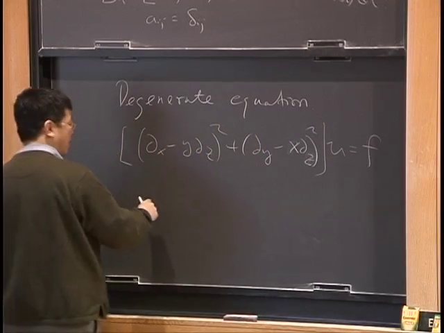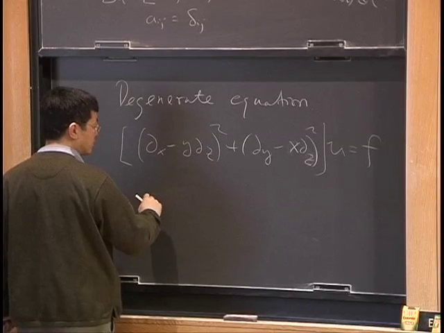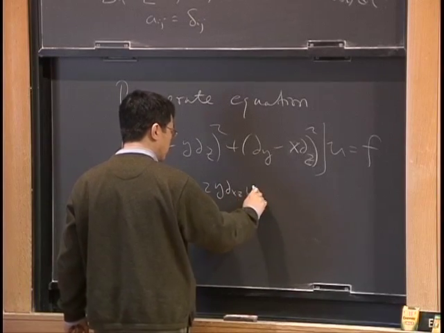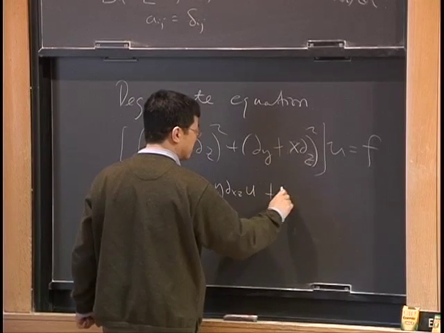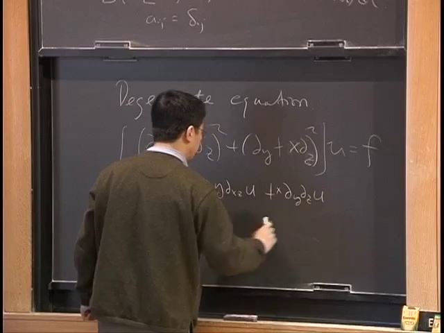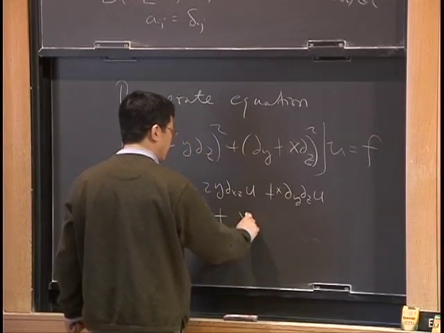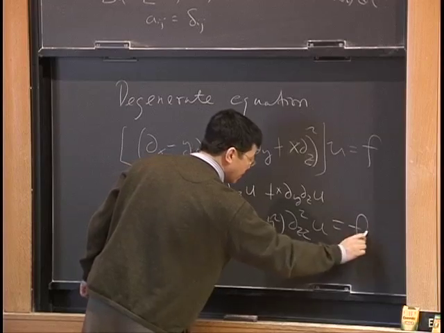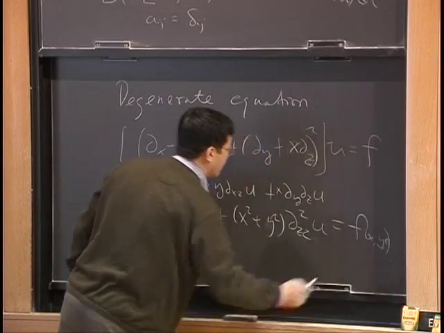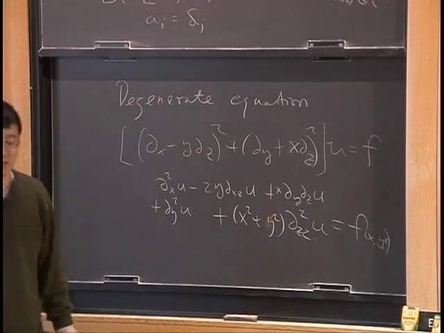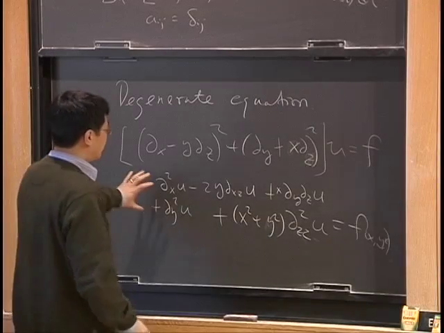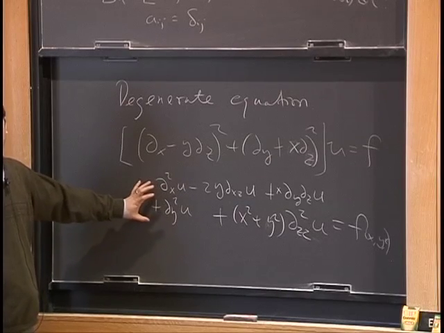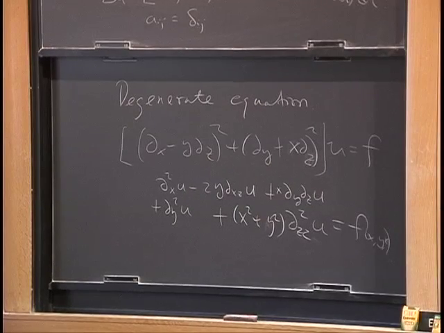And if you write this as a matrix, you get dx squared u plus minus 2y dxz u plus and plus dy squared u plus x squared plus y squared. So what went bad with this equation is, if you look at the determinant, everywhere the determinant is 0, it's rank 2. So that's one type of bad equation.